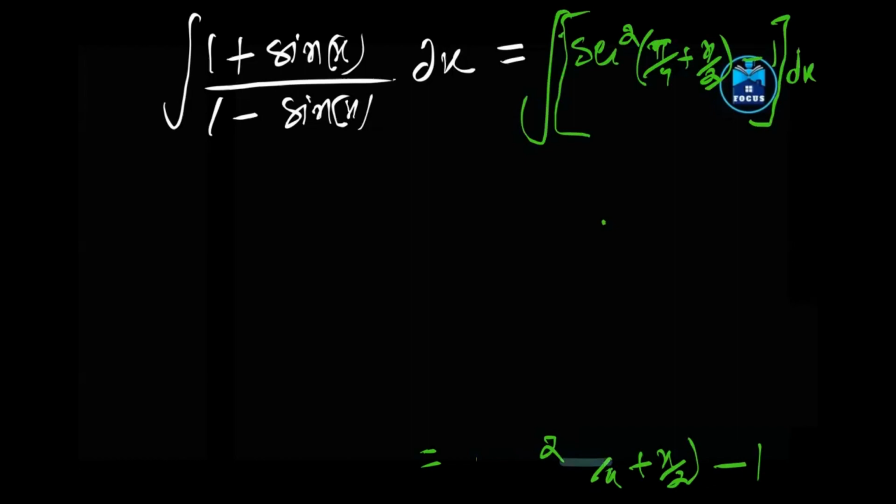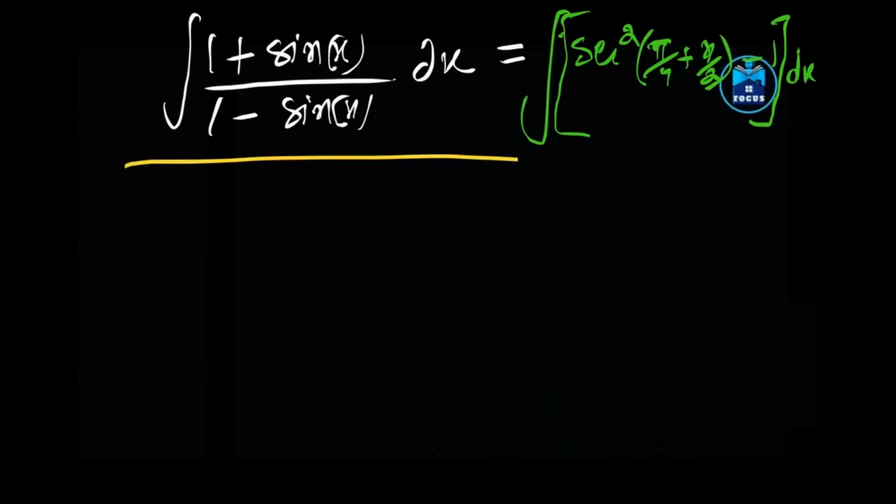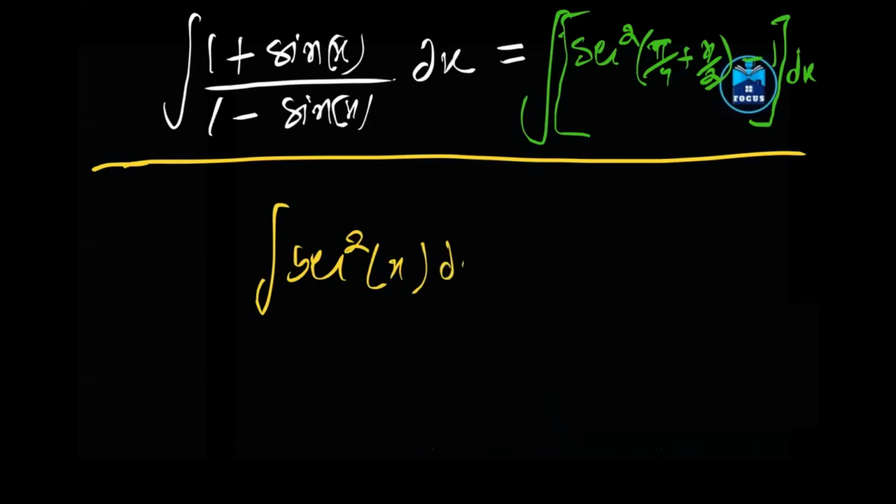All right, this is done. Now I have converted this question into this format. Now, do you already know the integration of sec square x? Do you know what is the integration of sec square x? Tan x. Very good.